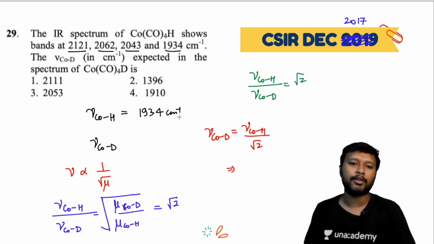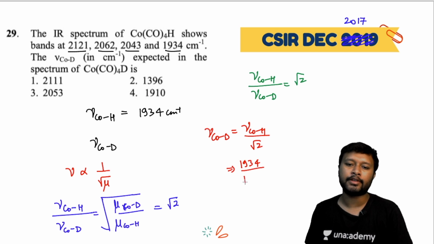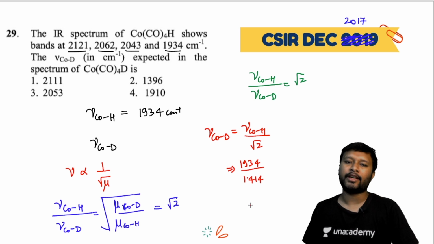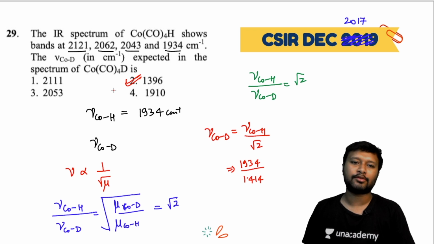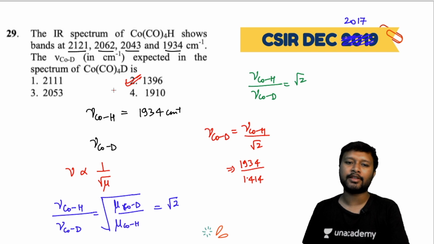I can put in my values: 1934 divided by root 2, which is 1.414, and if I divide, I'll get 1396. So that is going to be my answer for this question. Although this was quite comparable to physical spectroscopy, I have taken this question just to make sure that you know how to solve these ones.